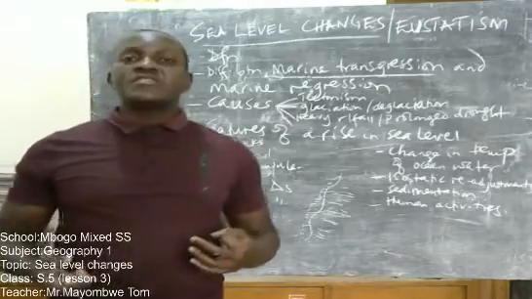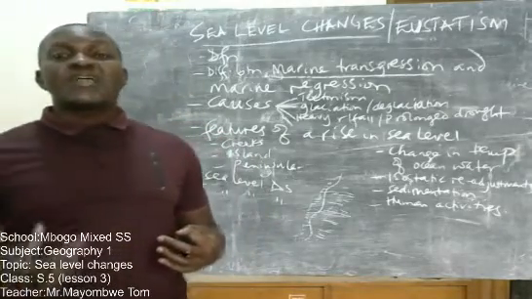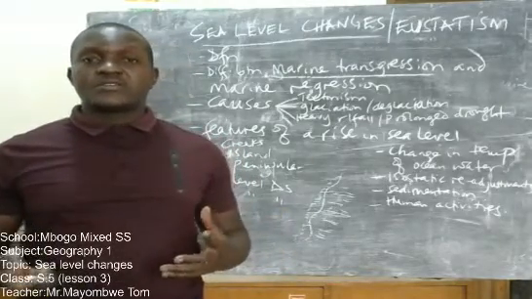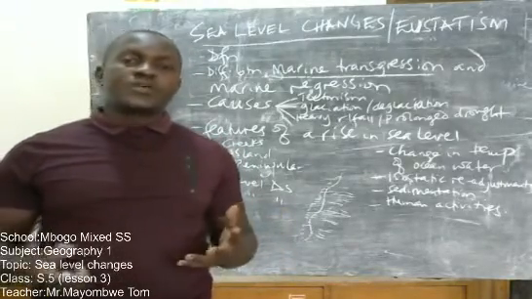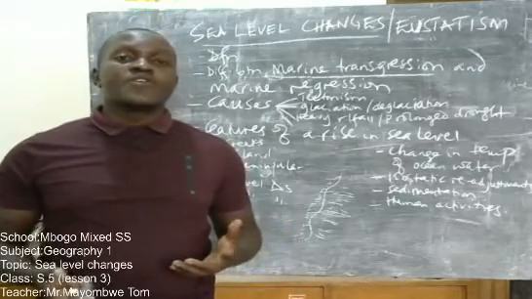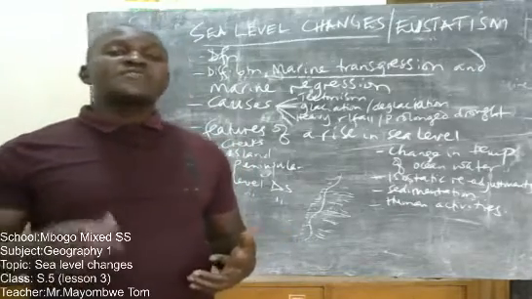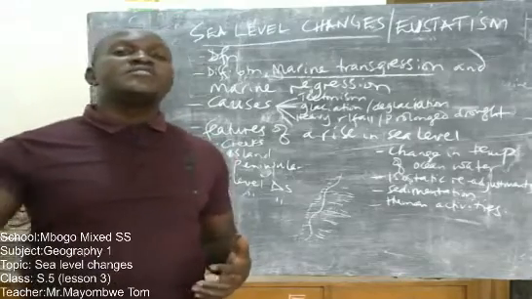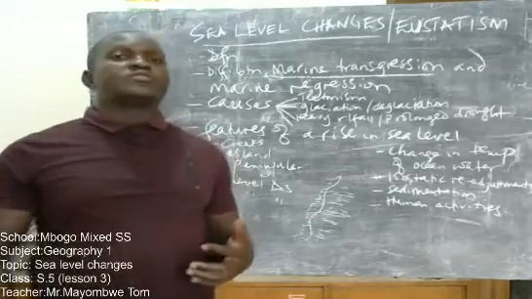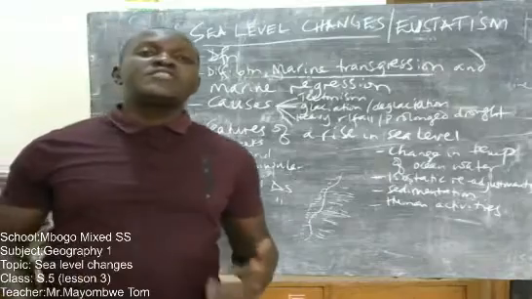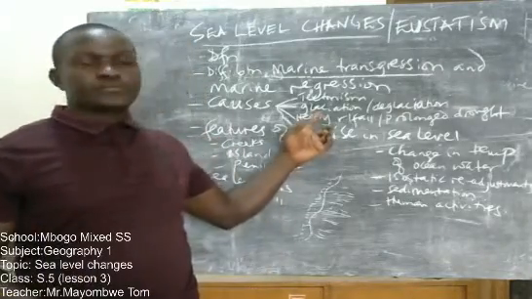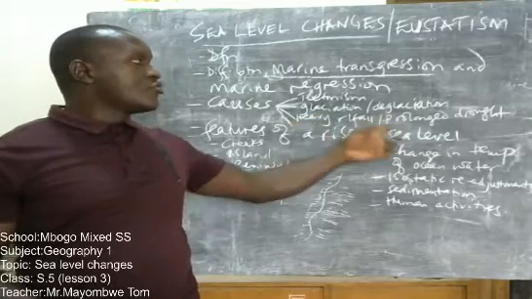Positive sea level changes are associated with features like lagoons, creeks, estuaries, peninsulas, among others. On the other hand, negative sea level changes refer to a fall in the sea level. What causes it? Negative sea level changes may be caused by glaciation, prolonged drought.